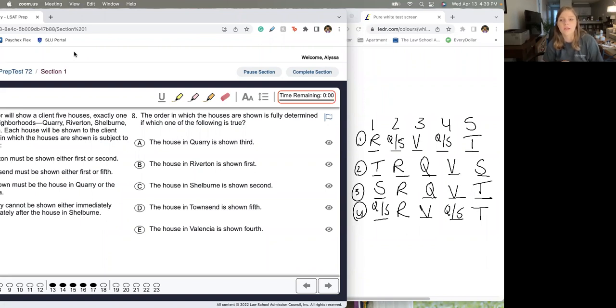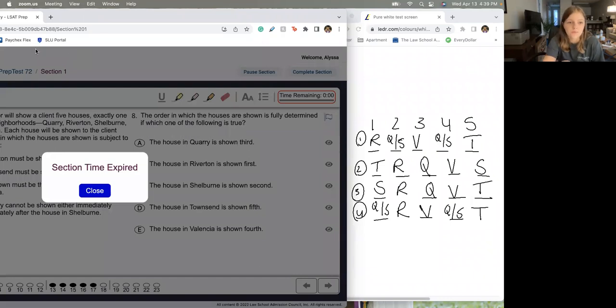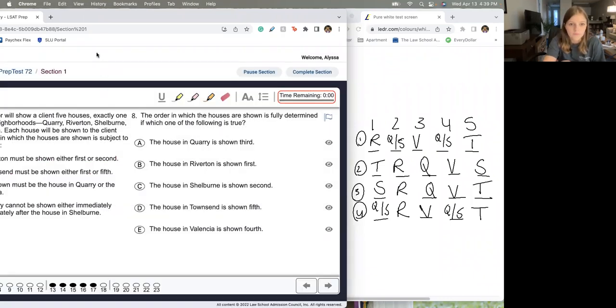So answer choice A says the house in Inquiry is shown third. This is not our answer choice because if you look over here, I have two worlds that it's coming from. Yes, our middle three variables are the same, but these end variables are different.